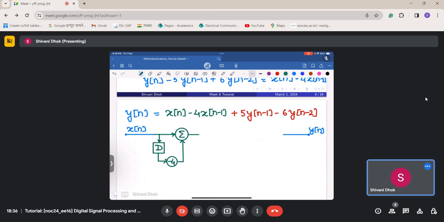Here we have x of n minus 4 times x of n minus 1. But this also gets added with the term in red, so for that we take y of n and delay it by 1 unit.